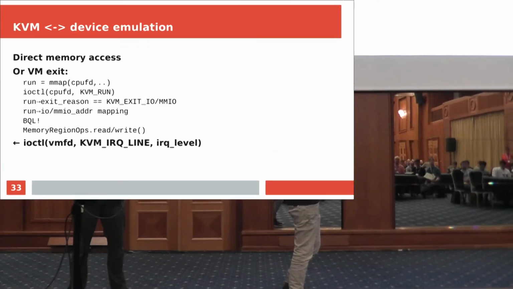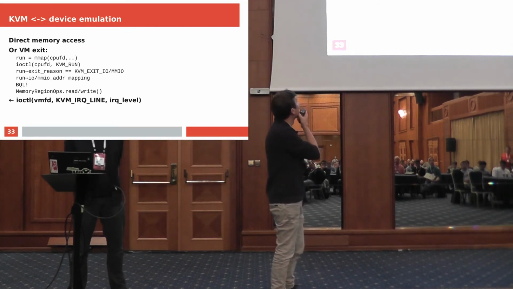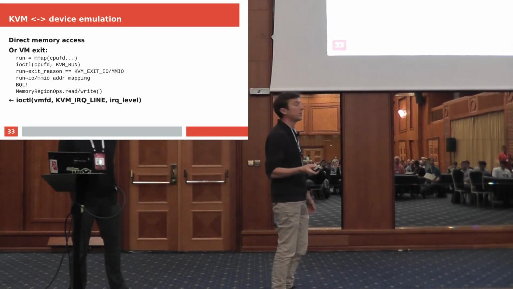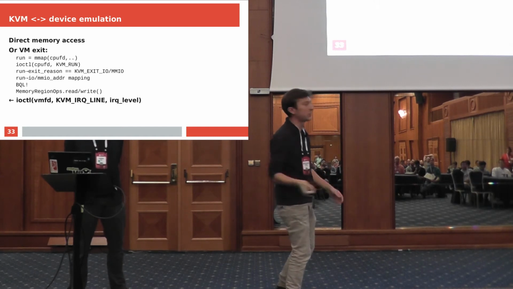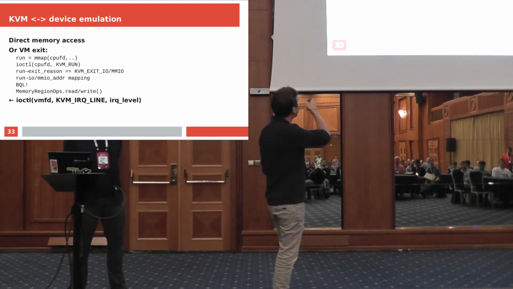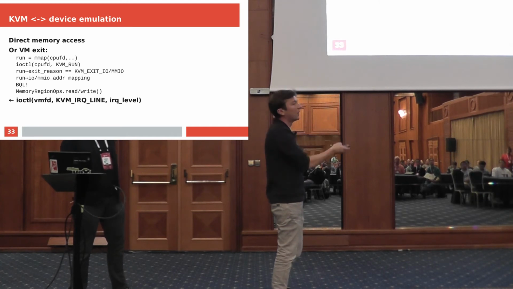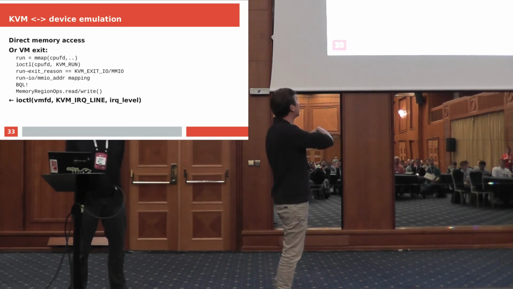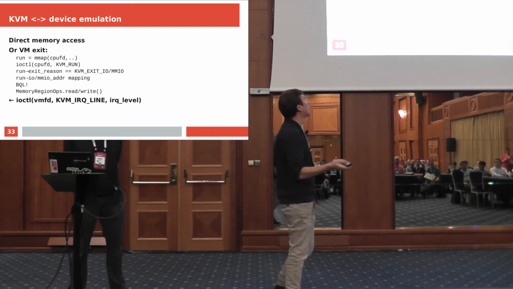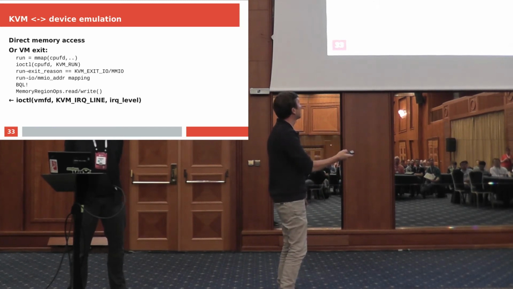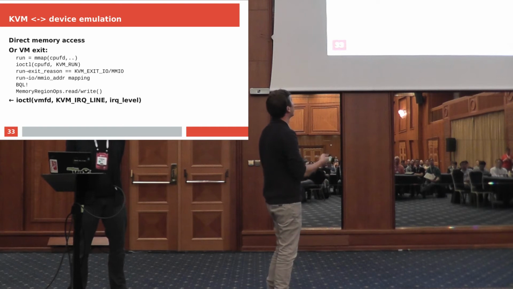In KVM in particular, the way it works, and I suppose most people in the room know that, is that when you run a vCPU thread, you use KVM and say, okay, run it, and whenever the CPU touches the device in this memory region we talked about, you get an exit, and you know the reason, the location and some details.